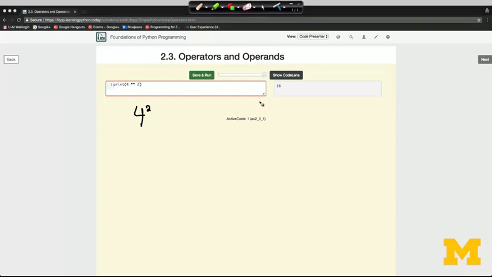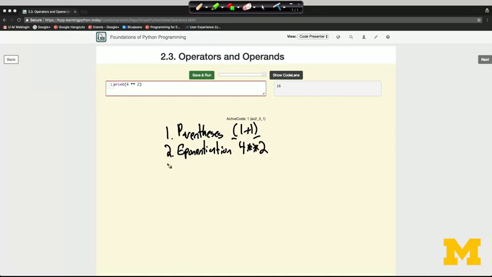When executing code, Python follows the normal order of operations that you might be used to in math. So at highest precedence is whatever is in parentheses. And then below that is exponentiation. So that would be something like 4 to the power of 2.